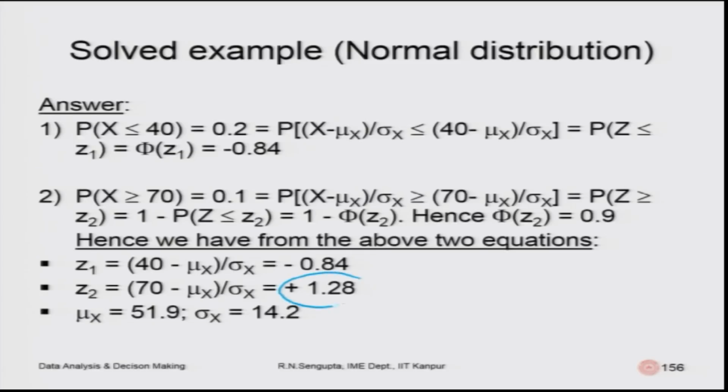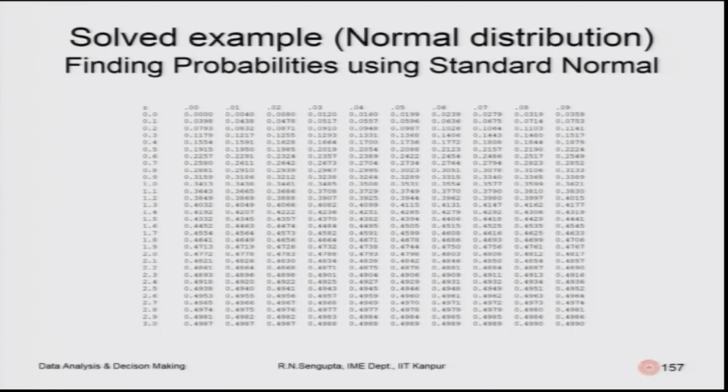There the value is plus 1.28, not 0.9, 0.9 was basically the overall probability. So, z1 is minus 0.84, z2 is plus 1.28, based on that you find out mu and sigma, which is 51, approx, I am giving the approx value, and it is 14. So, this is the solved case.